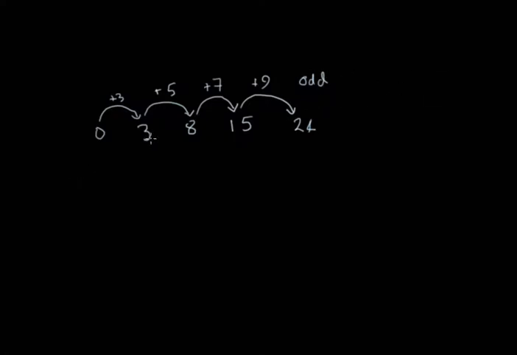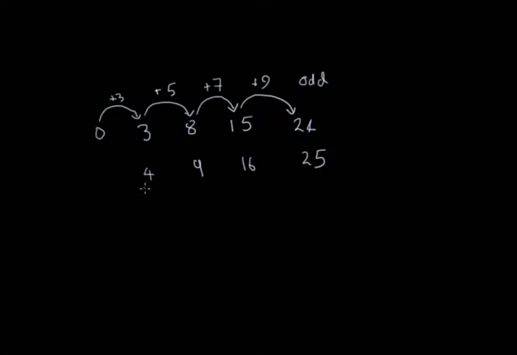And in fact, what we've got here is a sequence where the differences are odd numbers, but also if underneath, let's write the square numbers. 1, 4, 9, 16, 25.